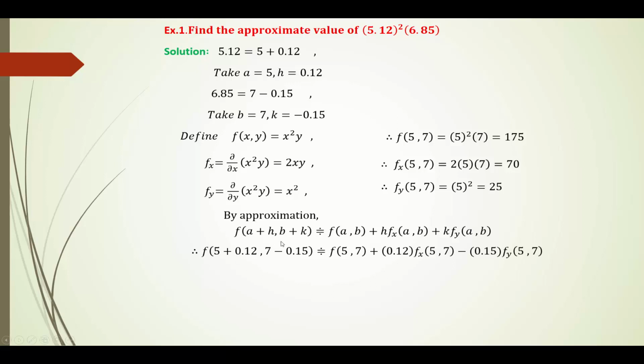Therefore we get f(5+0.12, 7-0.15) is approximately equal to f(5,7) + 0.12·fx(5,7) + (-0.15)·fy(5,7).